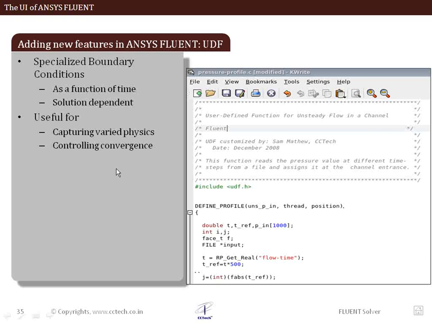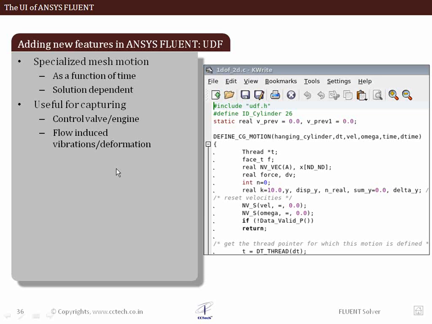The other reason why you might consider using a user-defined function would be to perform some specific physics, like let's say you want the mesh to move or deform. Let's say you want one wall boundary to respond to the flow induced pressure.